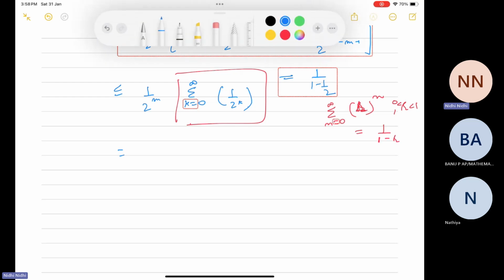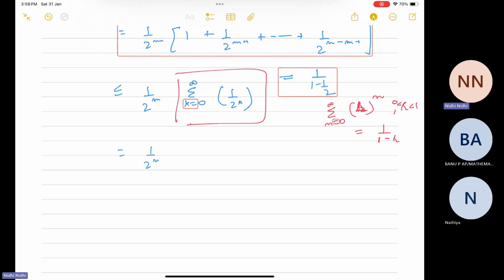So this will be 1 by 2 to the power m times 1 upon 1 minus 1 by 2, which is actually equal to 2.